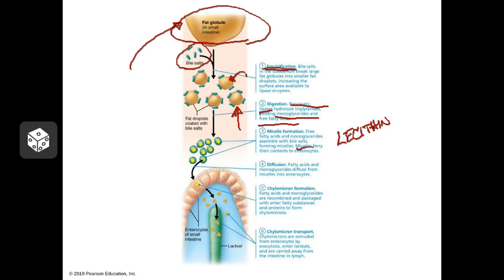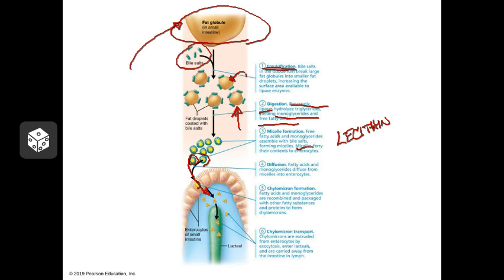These are small structures that contain monoglycerides, free fatty acids, some cholesterol, and the micelles are in a position to cross the cells to go into the enterocytes of the small intestine.